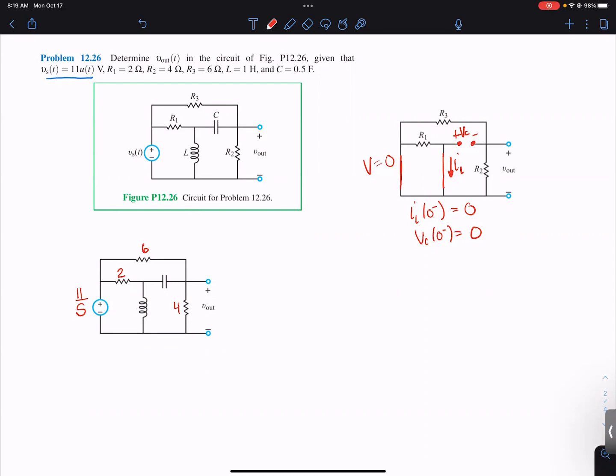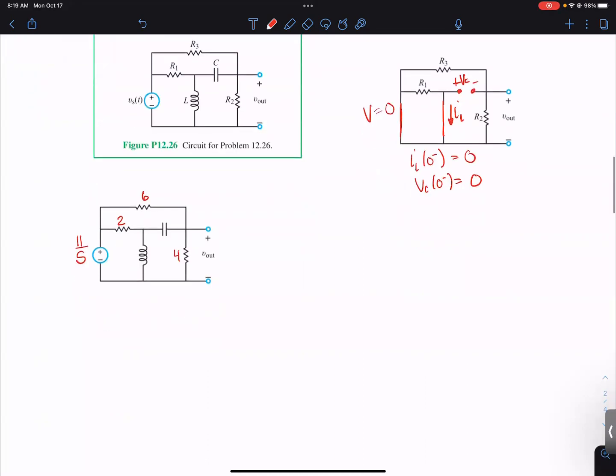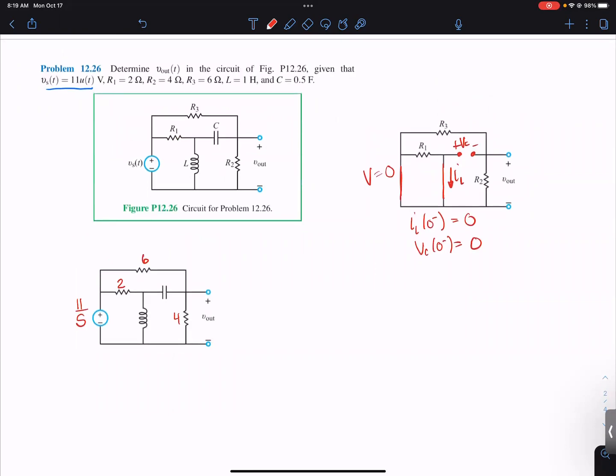And then what does the inductor become? It's just going to be SL, and L in this case is 1. So this is just going to become S. What about the capacitor? Correct. So this is 1 over SC.